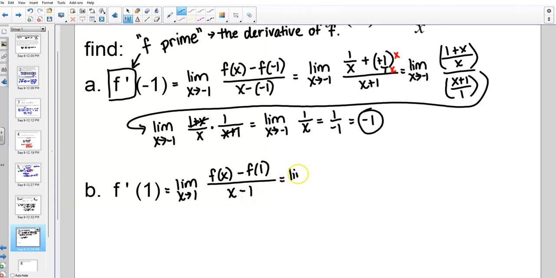And that will be the limit as x approaches 1 of f of x, which is 1 over x. f of 1 is just 1. If we plug in 1, we'd get 1 over 1, which is 1, over x minus 1.